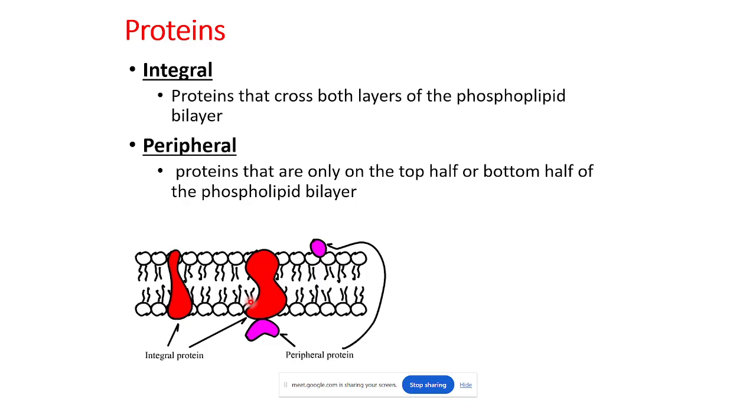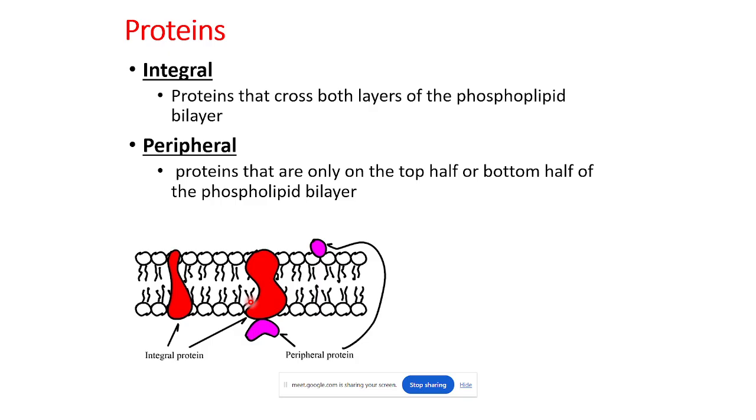The other part that spans the bilayer is the integral proteins. It crosses both the layers of the phospholipid bilayer. These proteins are made up of a group of hydrophobic residues and hydrophilic residues, which is generally very common in proteins.